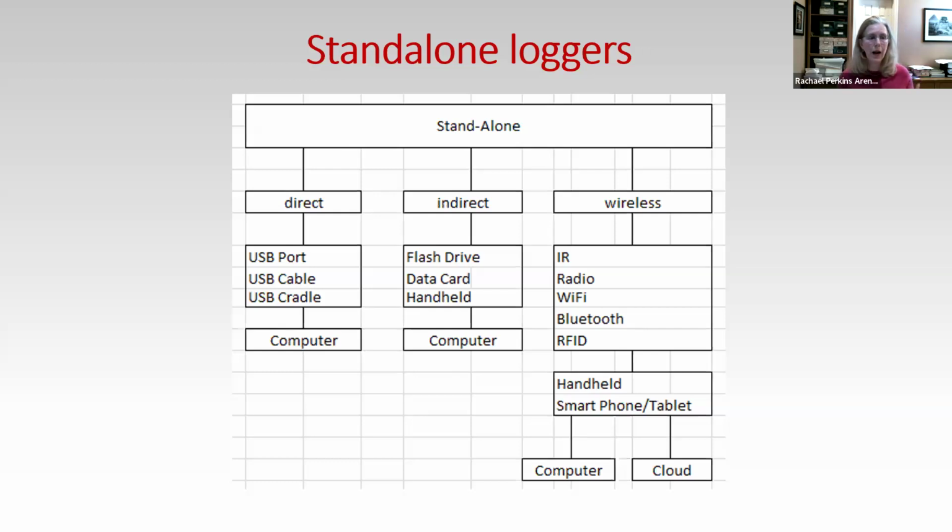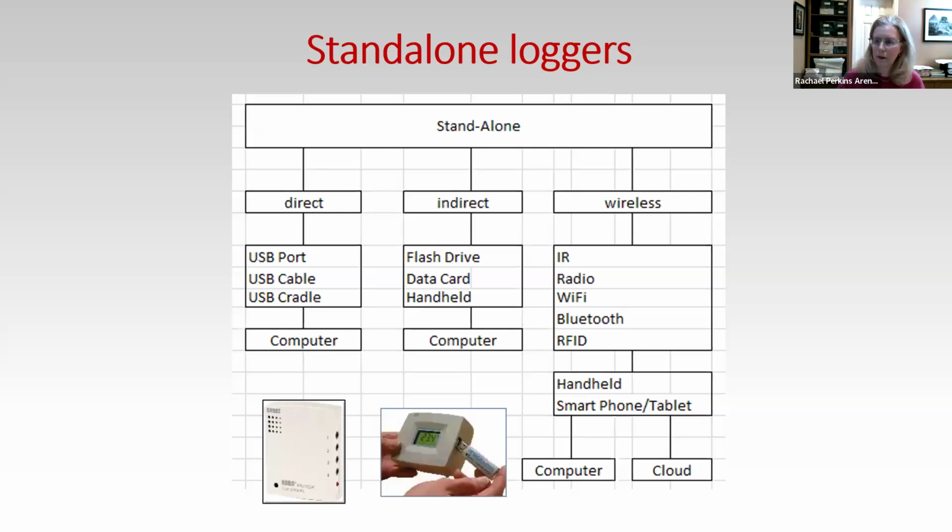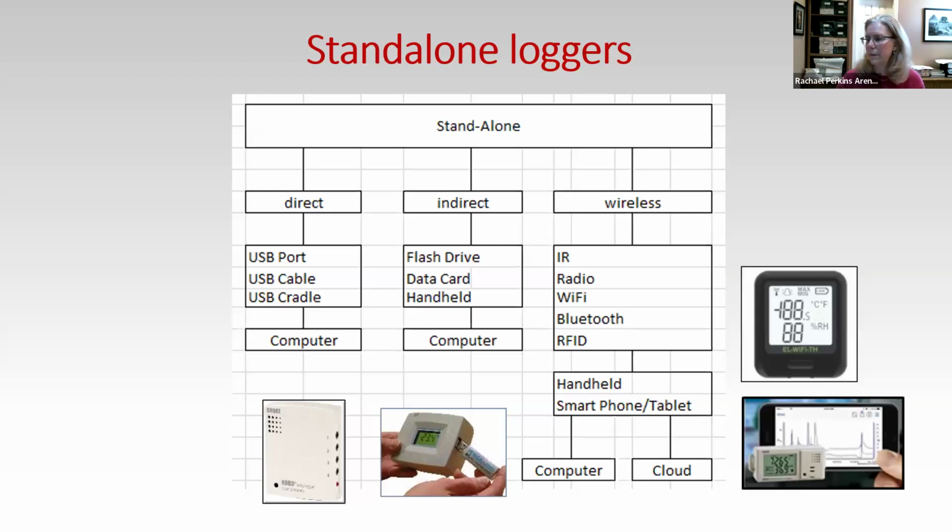These units can be wireless, meaning they're not plugged in, but they aren't interconnected or part of a larger system. Examples of this would be older generation HOBOs that needed a USB port or cable, the PEM2s, and some of the early examples of Bluetooth loggers and Wi-Fi loggers, like those seen here on the right.